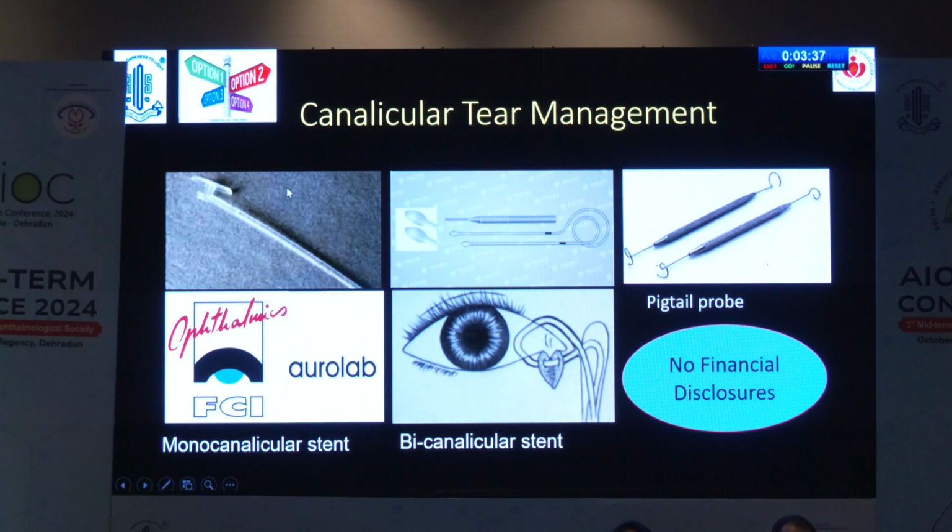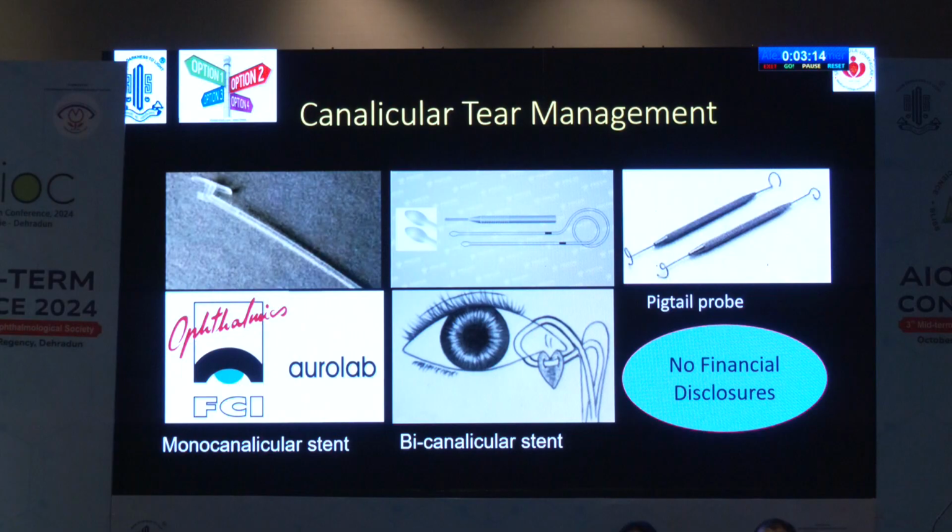This one is a monocanalicular stent, and from Orolab and FCI, I have no financial disclosures to make. And this is a bicanalicular stent. More common are the Crawford and the Rettling. This is a pigtail probe. So traditionally, the pigtail probe and bicanalicular intubation was used for these canalicular lacerations, but these need more expertise.